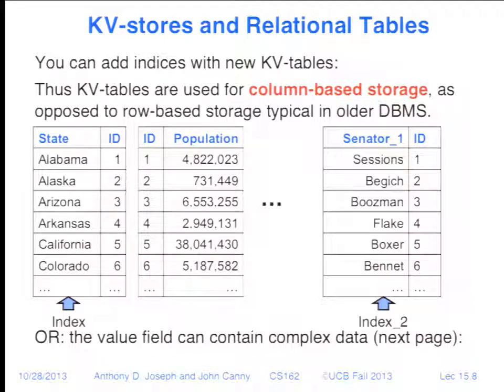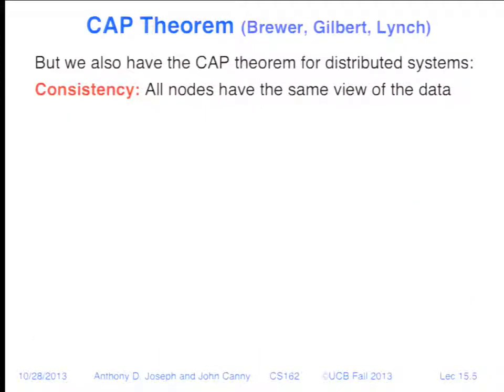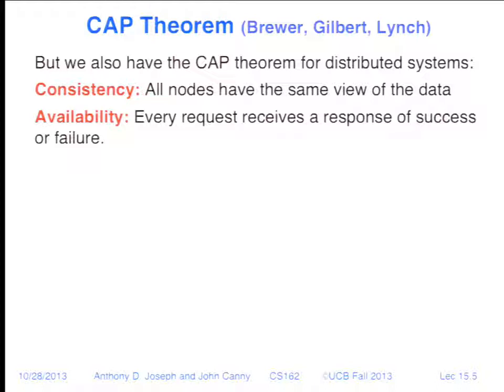The other theorem applies to three similar concepts, consistency, similar to consistency on the previous slide. When you have a distributed system, you want all of the nodes to have a consistent view of the data. Availability is somewhat of a new idea, though, but it's critical for systems that are being used to serve web content.